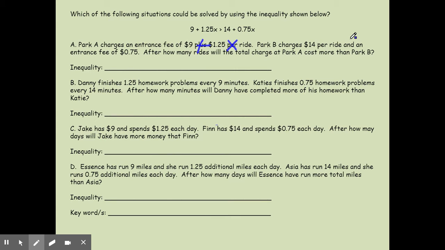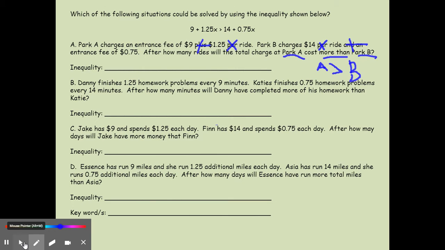So if you're gonna get charged $14 per ride, that means you're also adding an entrance fee of 75 cents. So per tells me here goes my variable. How many rides will the total charge at Park A cost more than Park B? So that tells me A has to be more than Park B.